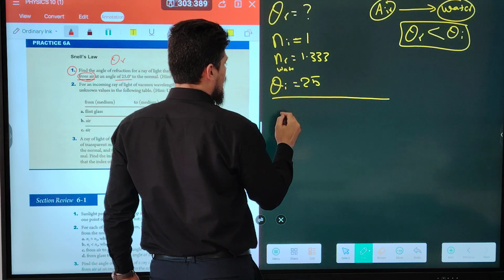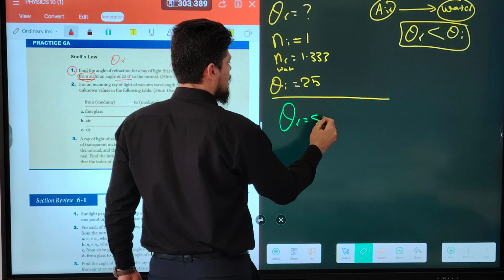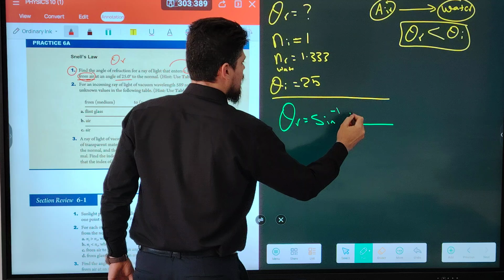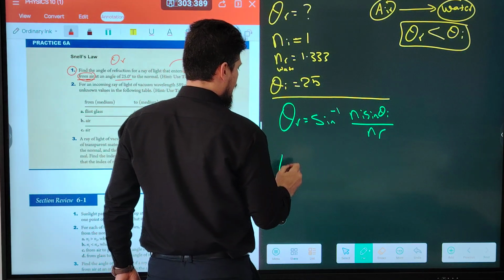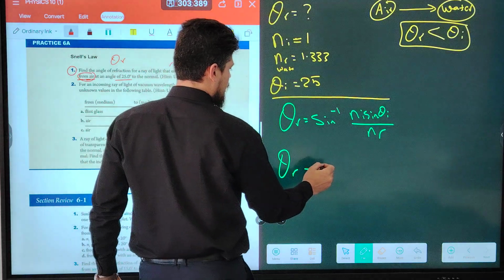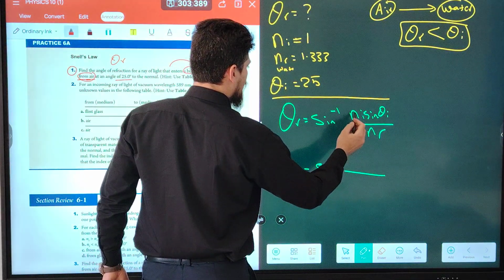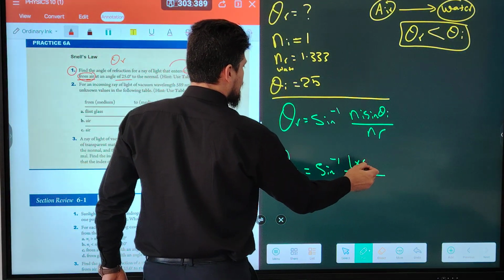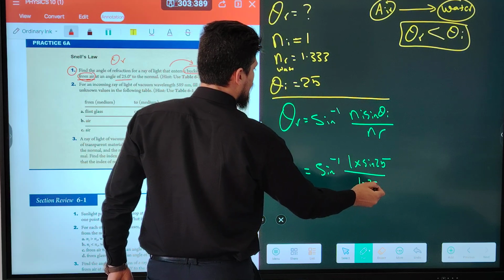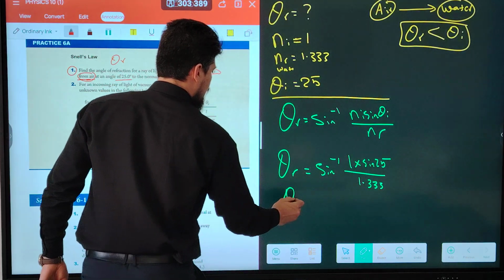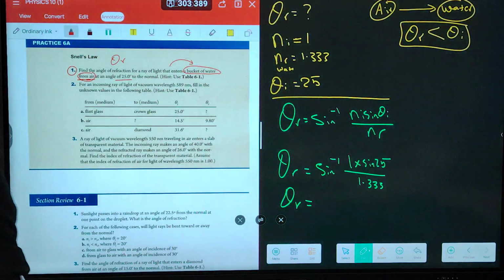How can I determine theta R? Theta R is equal to sine inverse of Ni sine theta I over Nr. It is very easy. Just plug in: sine inverse of 1 times sine 25 over 1.333. Theta R is equal to what?